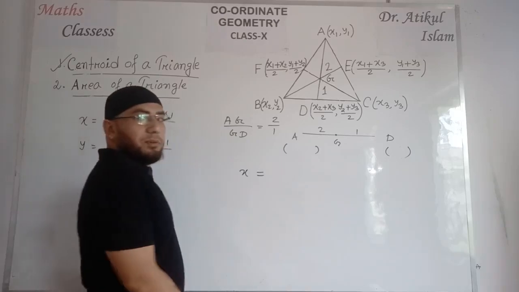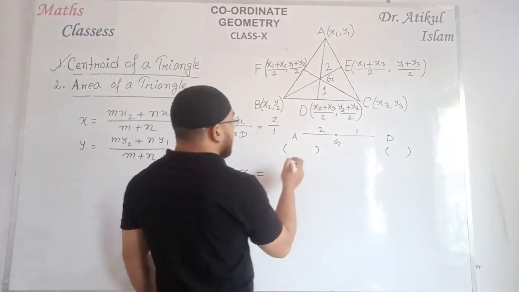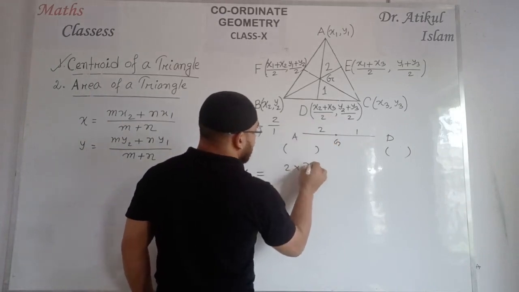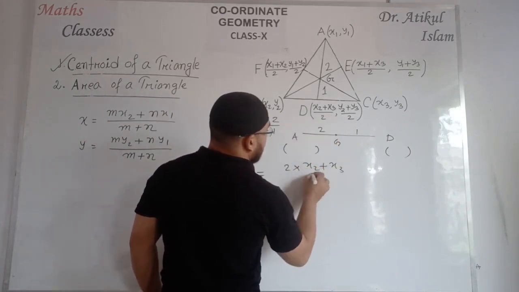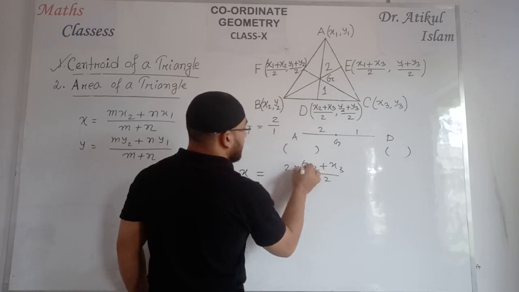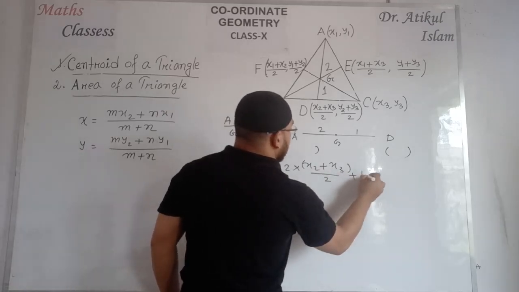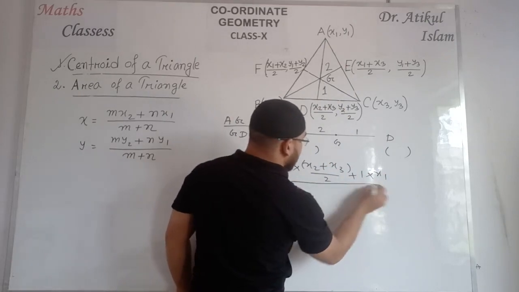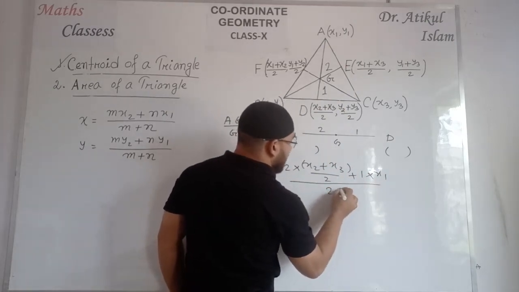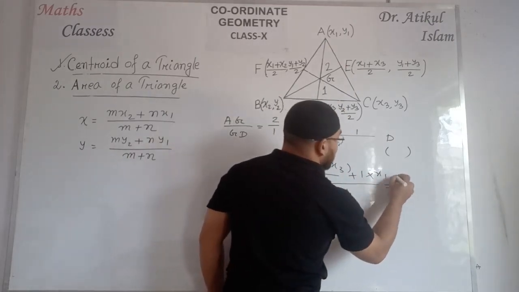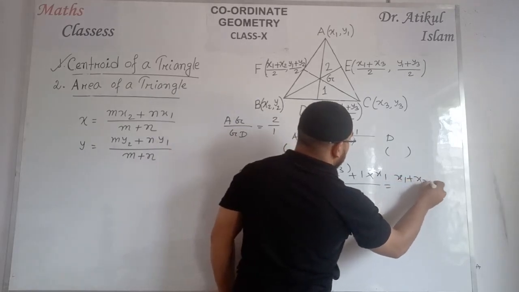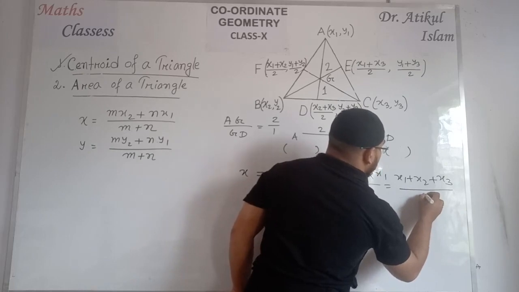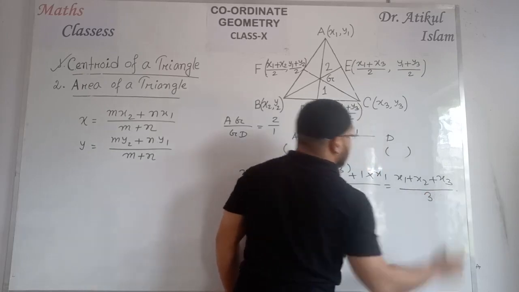The abscissa will be, m is 2, and x2 is this one, by 2, and x1 is here, divided by m plus n, that is 2 plus 1. So after simplification, we will get (x1 plus x2 plus x3) by 3.